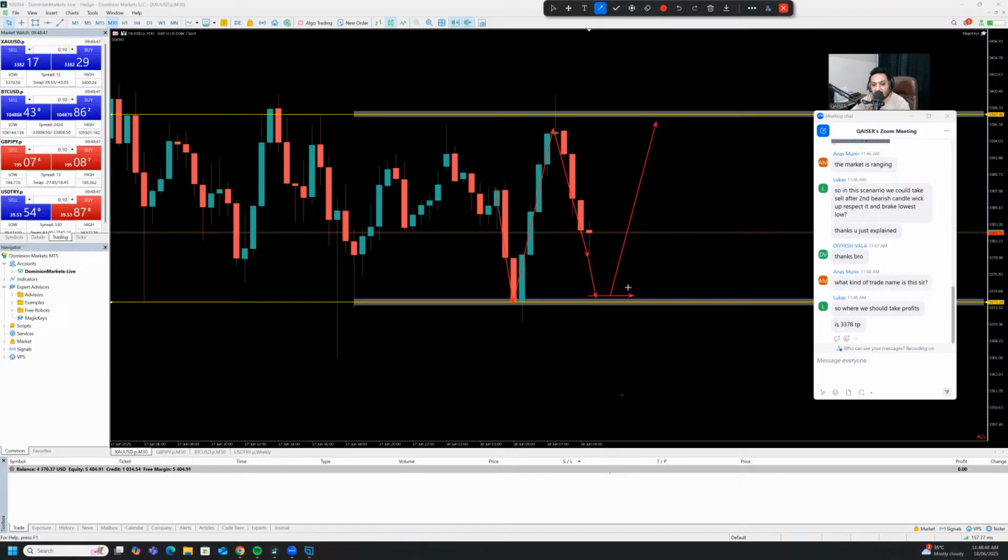Less probability. So what I will do, if it creates a support, I will let it go. I will wait for the candle to create some kind of resistance. If it gives me some kind of confirmation candle, I will give my trade a chance to keep pushing to the downside. This is what I was explaining about bounce 1, bounce 2, bounce 3.